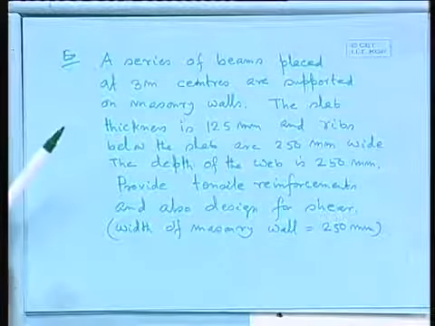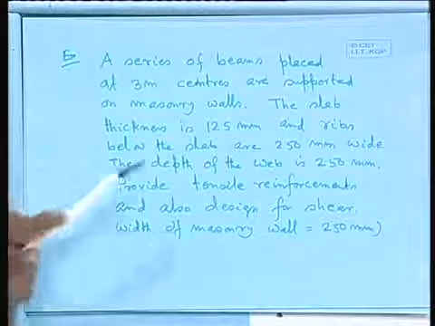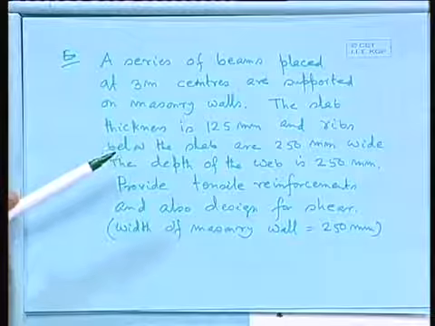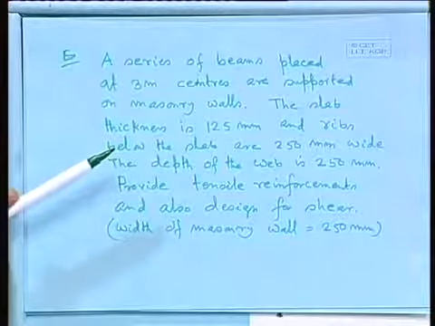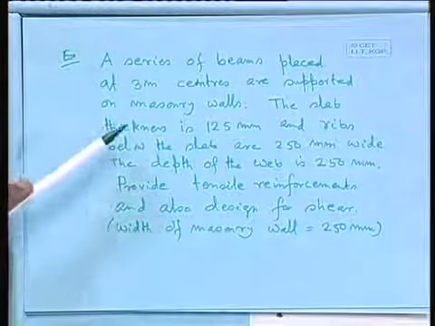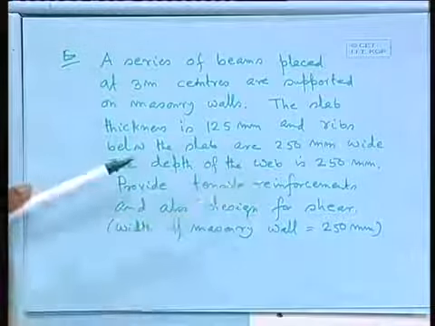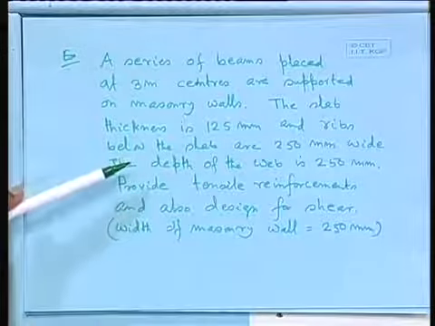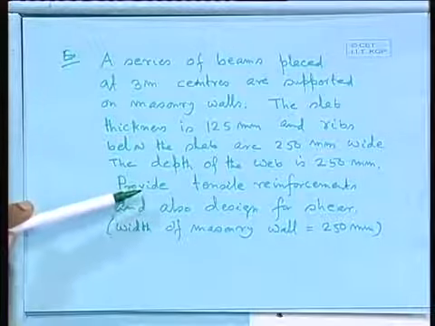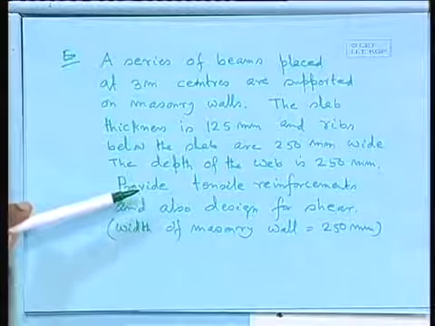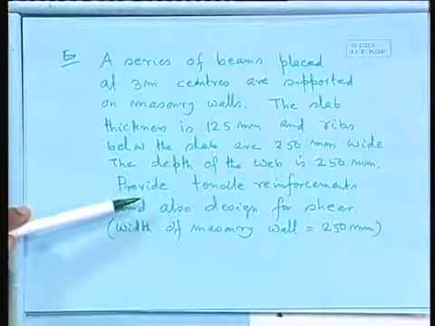So, we can take the slab thickness that is 125 millimeter, ribs below the slab that is width 250 millimeter, and depth that is 250 millimeter.